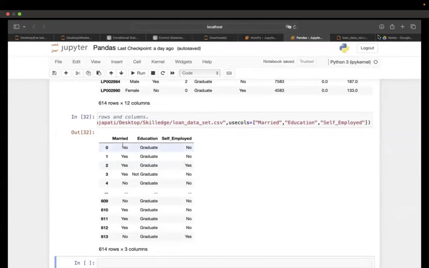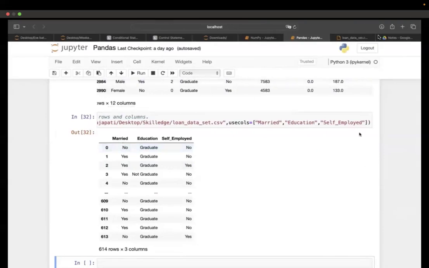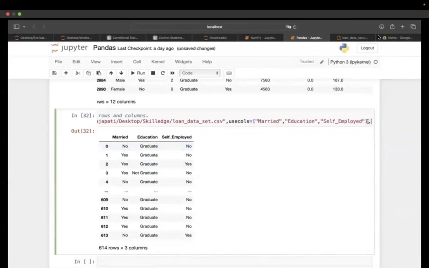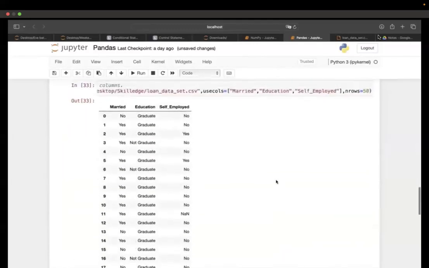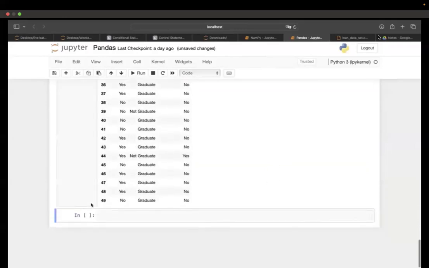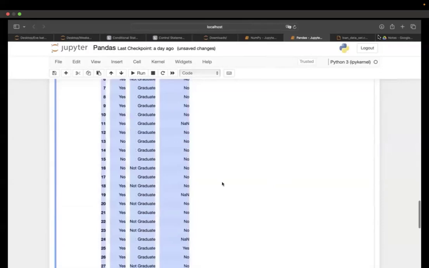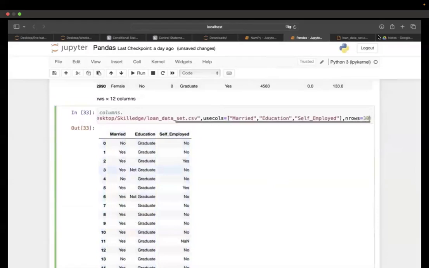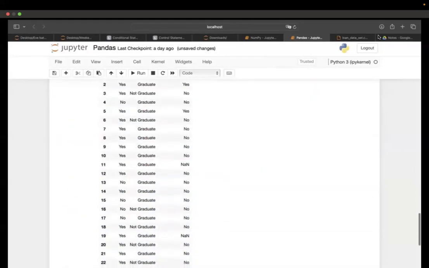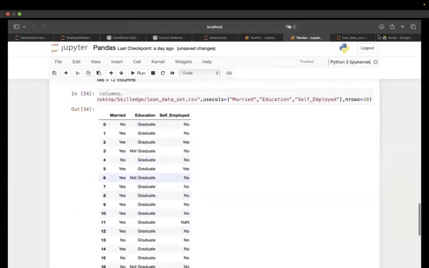Now consider you want to extract first 50, first 100 rows. Then you can take the help of nrows. nrows equals to, let's say 50. That is going to extract first 50 entries for you. You will see first 50 entries. If you want to extract first 30 entries, you can simply write nrows as 30. It's going to extract first 30 entries for you.